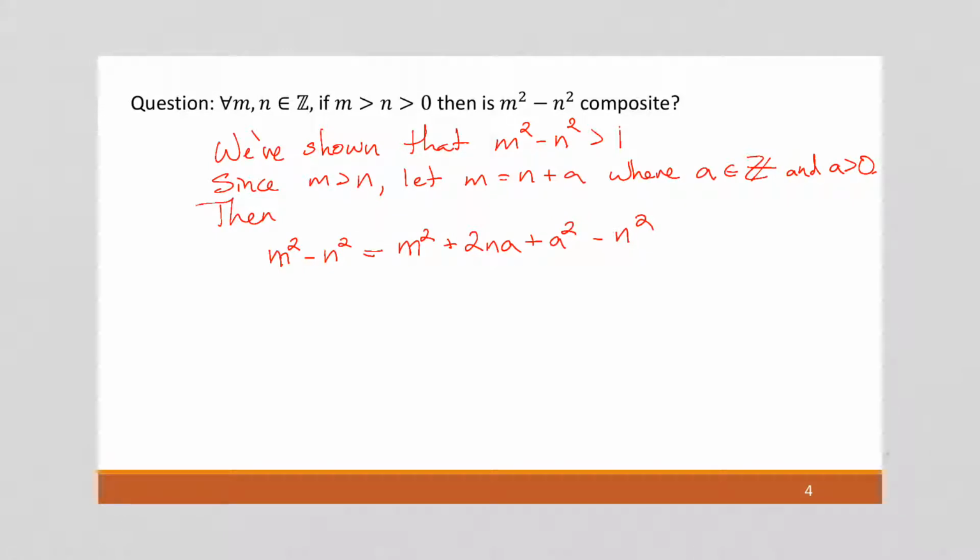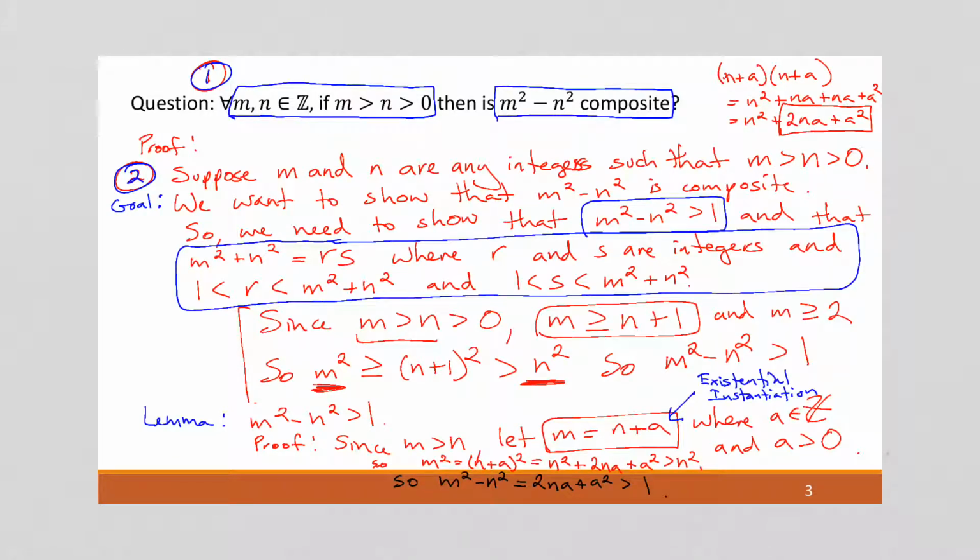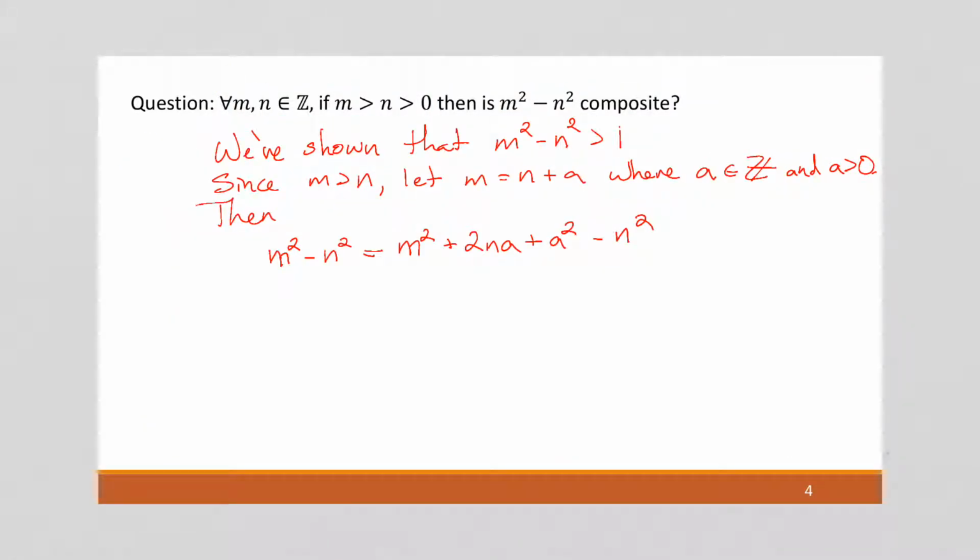Or another way of writing this, excuse me, I am sorry, this should be an n, is that this is equal to n plus a squared minus n squared.